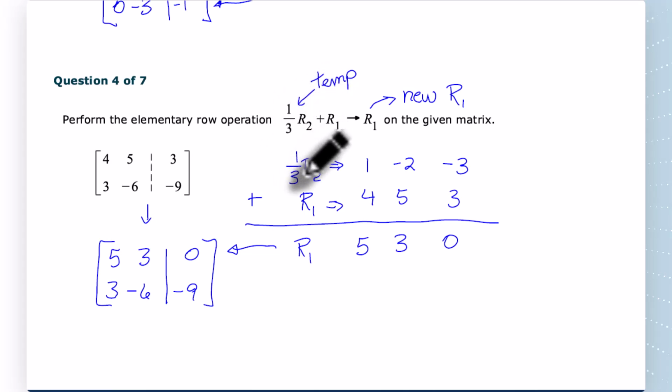All right, so 1/3 times row 2: 1/3 times 3, 1. 1/3 times -6, a -2. And 1/3 times a -9, I get a -3. I'm going to add that to row 1. So 1 plus 4, 5. -2, add 5, 3. 3, add a -3, 0. And that is my new row 1.